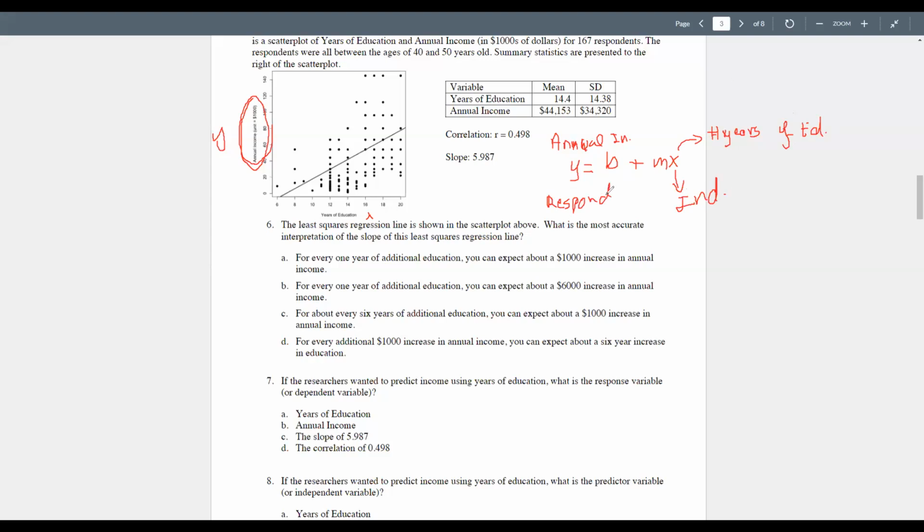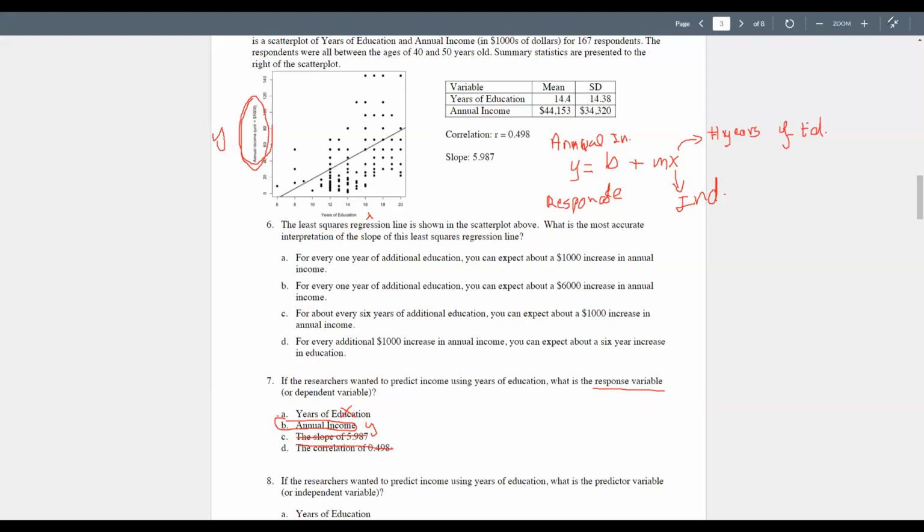So therefore, it's not the years of education, because that's independent. The slope can never be a response variable. The correlation can never be a response variable. It has to be the income y. Y is always called the response variable. X is called the independent variable.